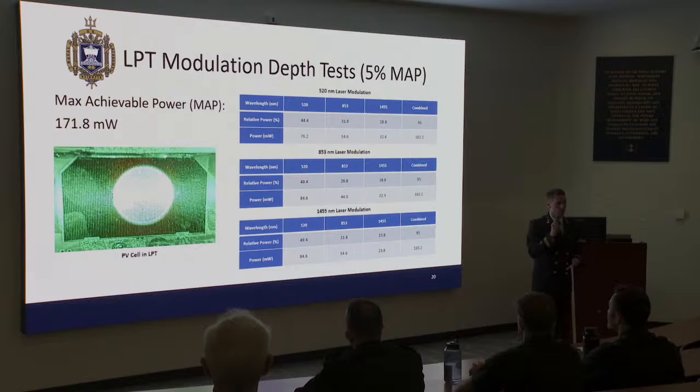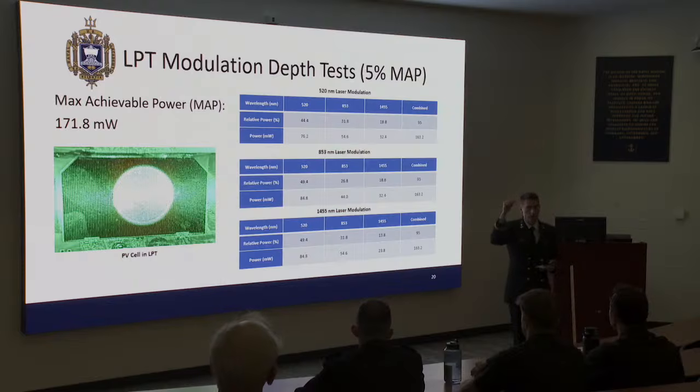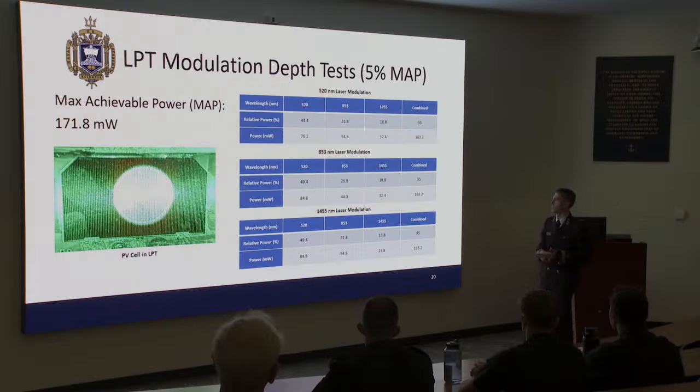Okay, now that we knew the base power efficiency of the cell, we wanted to determine how power efficient it would be in a modulation sequence. We used four different modulation methods at a depth of modulation of 5%. So what that means is we were modulating the laser diodes from 100% power to 95% power. And we're going to determine how efficient a modulation scheme introduced in that system would be while modulating between those power levels.